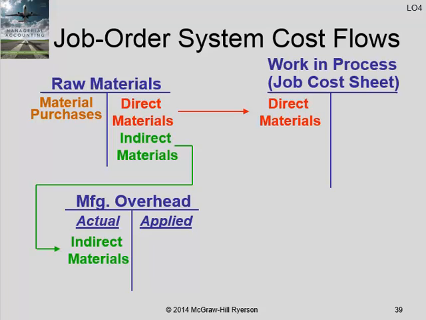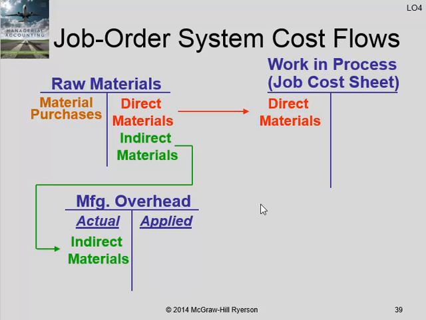So here they're showing it all in one account. Not a big deal. The computer, the accounting system will take care of all that stuff anyway. But if you like T accounts, this will describe the flow of costs. So out of raw material into the work in process, the job cost sheet itself, which is essentially work in process inventory.